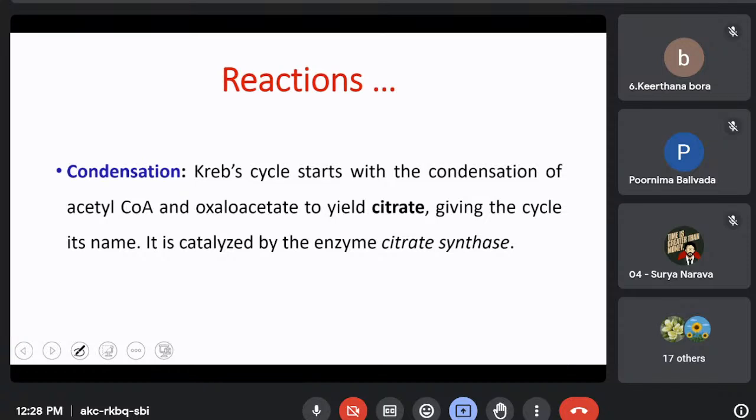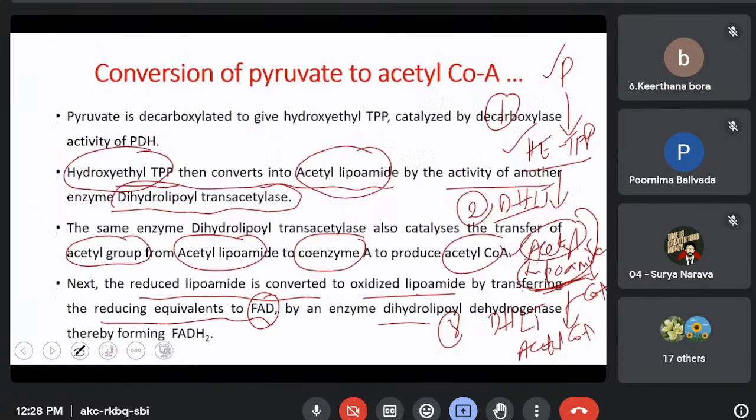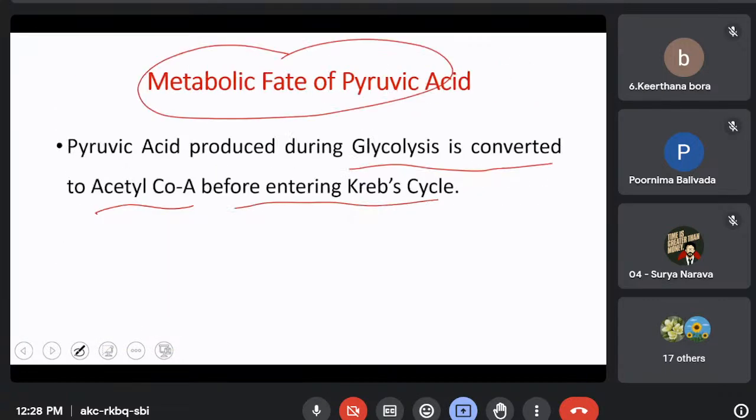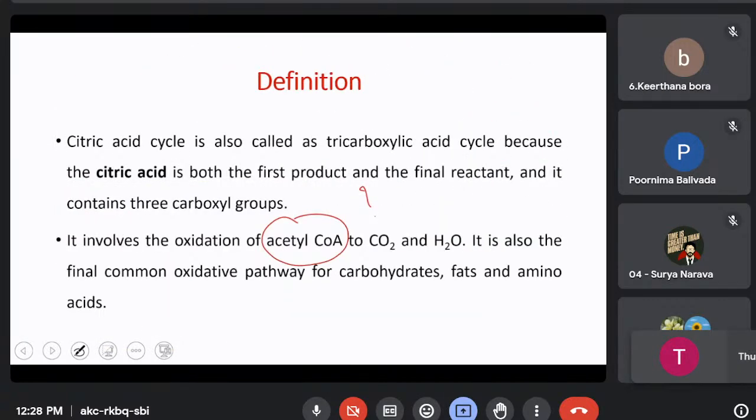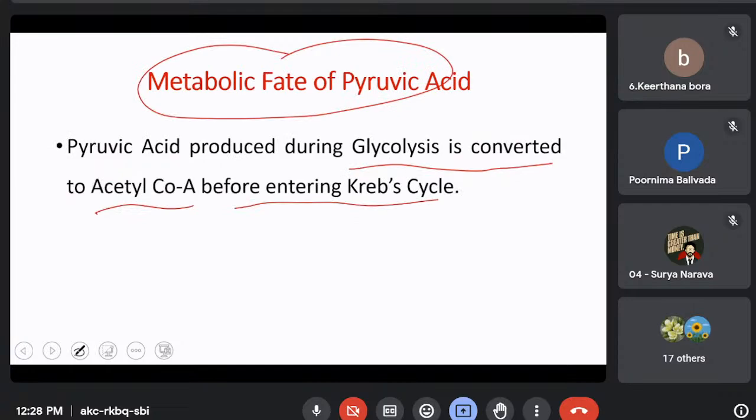The first reaction is condensation. So Krebs cycle starts with the condensation of acetyl coenzyme A and oxaloacetate to yield citrate. In the first definition, when we defined Krebs cycle, we said that citric acid is the first product in the cycle. Hence, we called it the citric acid cycle.